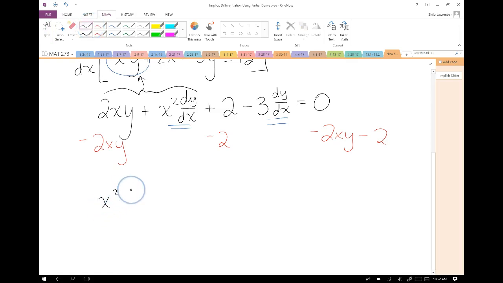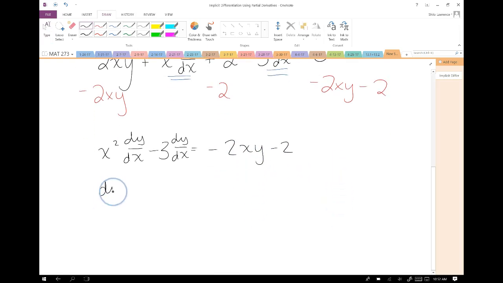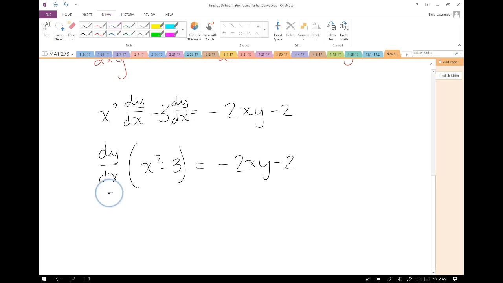So we're left with x squared dy dx minus 3 dy dx equals negative 2xy minus 2. Now we can factor that dy dx out on the left, and divide over the x squared minus 3 in order to solve for dy dx.